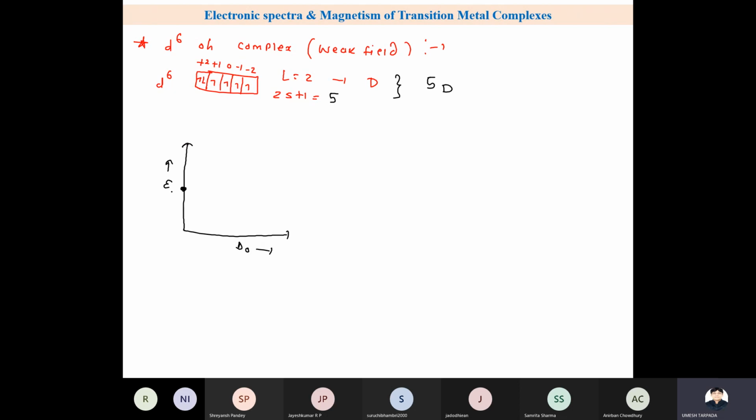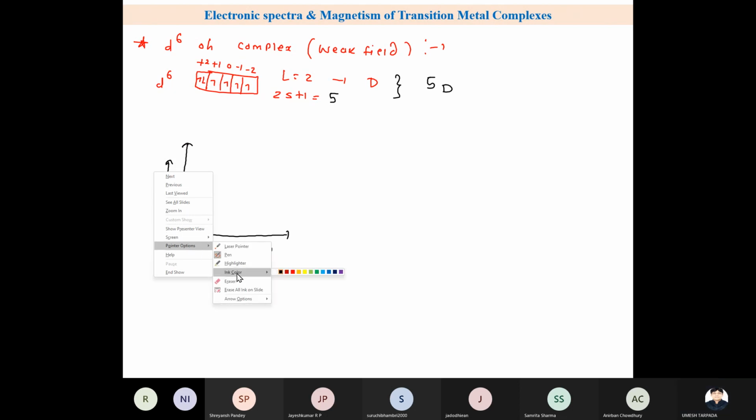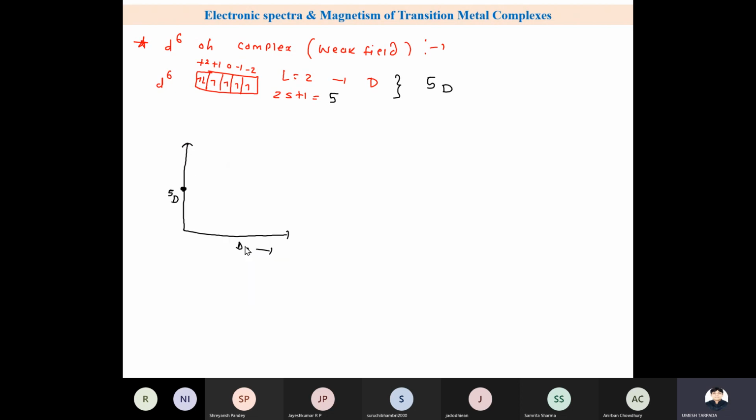So this term becomes quintet D, and this term is again split into two terms. See, the diagram for the d1 system and the d6 system is similar, but there is only a change in the multiplicity. Multiplicity gets changed. The rest of the things are similar.